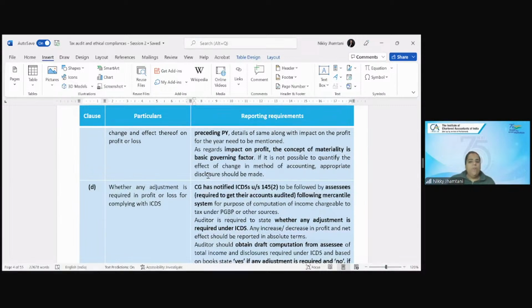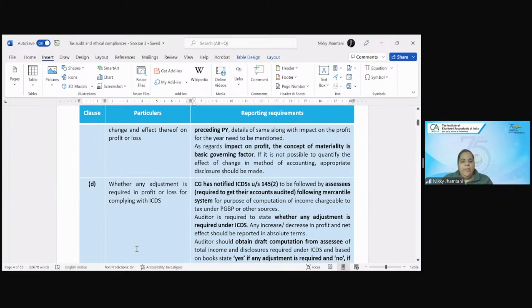If it is not possible to quantify the effect of change in method of accounting, appropriate disclosure should be made. तो आपको इम्पैक्ट एनालिसिस करना है, क्या इम्पैक्ट होगा अगर मेथड ऑफ अकाउंटिंग चेंज होती है, और आपको जब आप ये इम्पैक्ट एनालाइज कर रहे हो तो यू हैव टू सी द कॉन्सेप्ट ऑफ मटीरियलिटी, कितना मटीरियल है, कितना नॉन मटीरियल है, एंड अकॉर्डिंगली द रेलेवेंट डिस्क्लोजर शुड बी मेड.